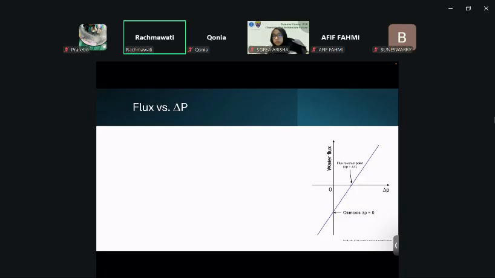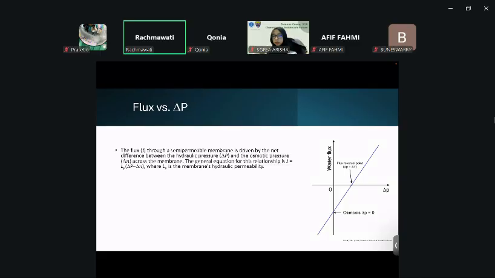Now next, understanding flux and the difference of pressure. The flux, the variable J in this case, goes through the semi-permeable membrane, and it is driven by the net difference between the hydraulic pressure, delta P, and the osmotic pressure, delta pi, across the membrane.